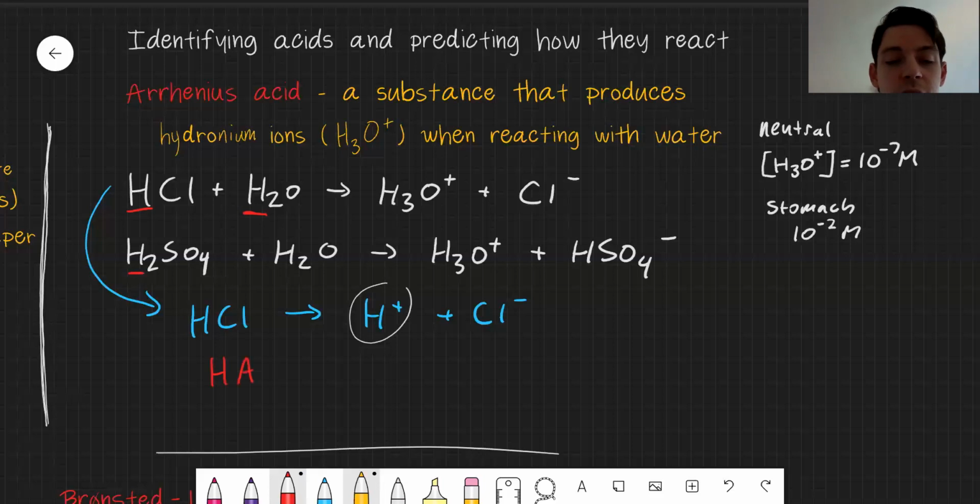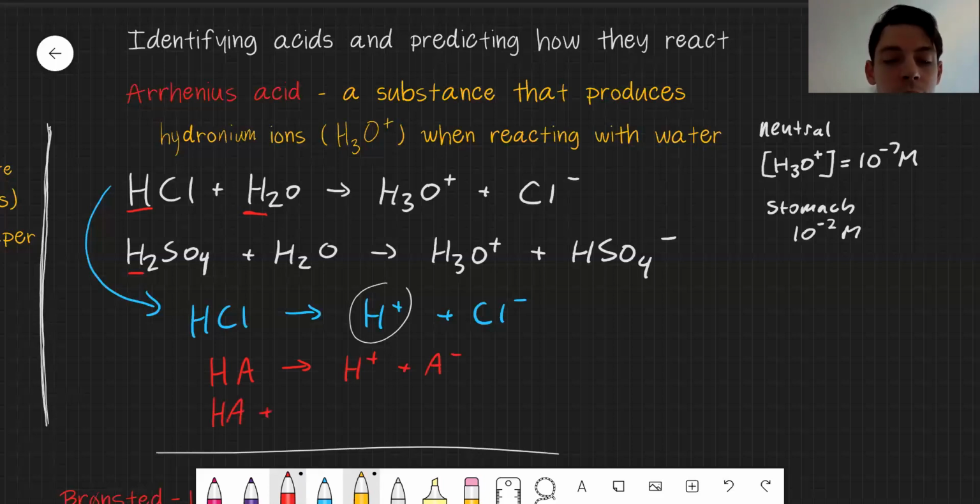So this is a generic form for an acid, HA, where H is the hydrogen and A could be a sulfate, chloride, iodide, whatever other negative ion would pair up with it. Okay, and it would dissociate into H plus and A minus. That would be the simplified form.